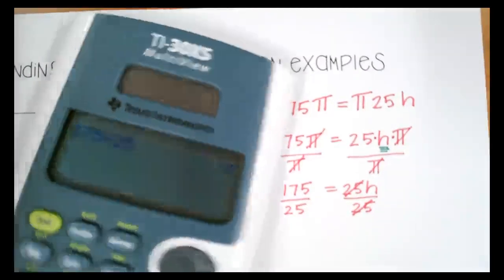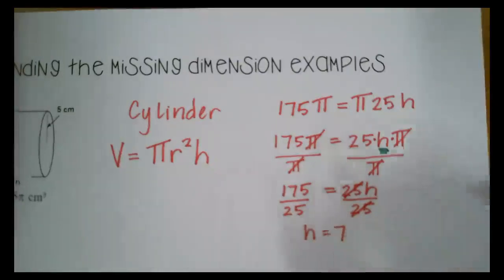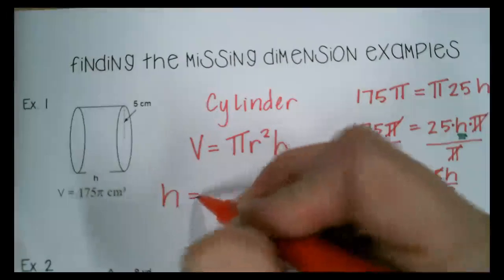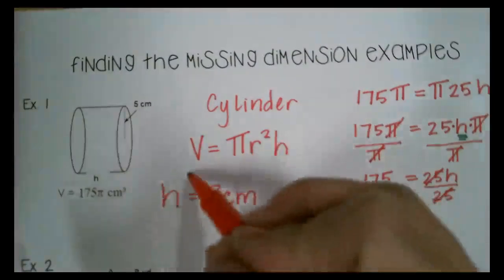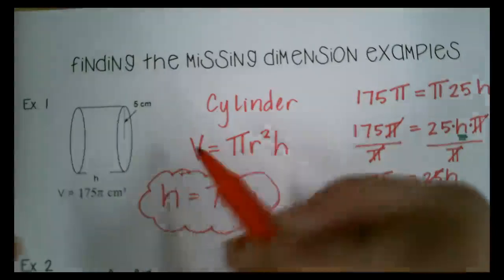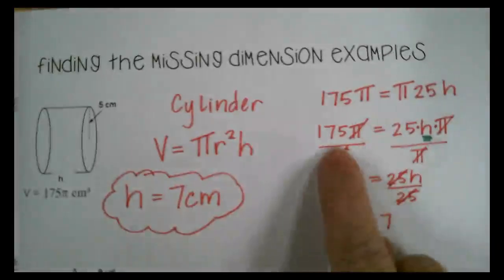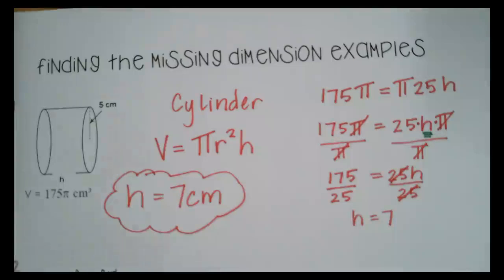The height is 7, so h equals 7. To answer this, the height of this cylinder would be 7 centimeters. Basically, what we're doing is working backwards: we know the answer, and we go backwards to figure out the question.